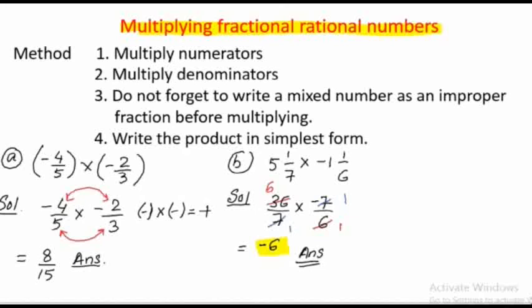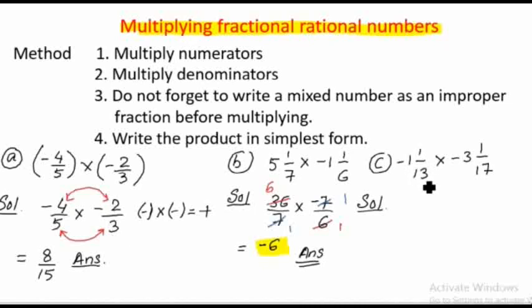Now let's take one more example. Minus 1 1 upon 13 into minus 3 1 by 70. So first convert this into improper.